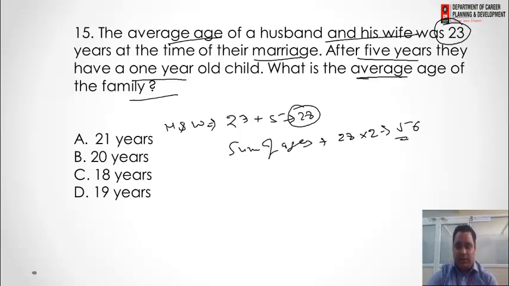It means the sum of the ages is 56 plus 1, because there is one child as well. It means the total age of husband, wife and child is 57. So their average is 57 by 3. That is the answer. Option number D, that is 19 years.